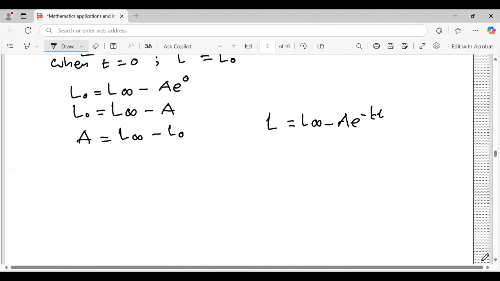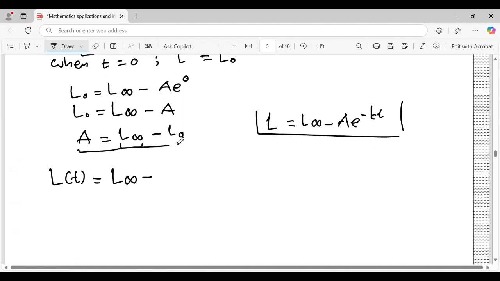So we can state that L(t) equals L infinity minus a, where a is L infinity minus L0, times e to the power of minus kt. This is the answer.